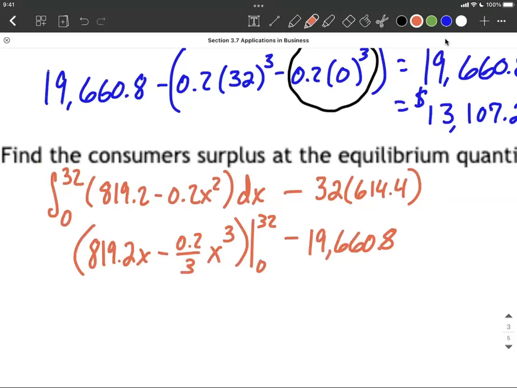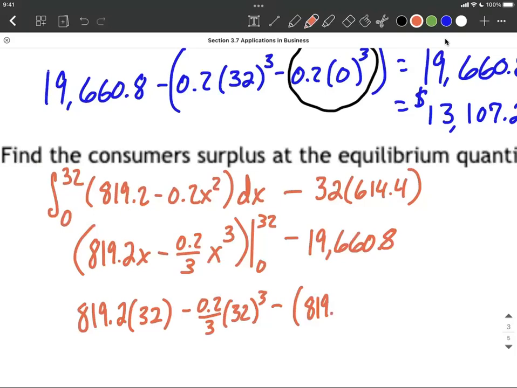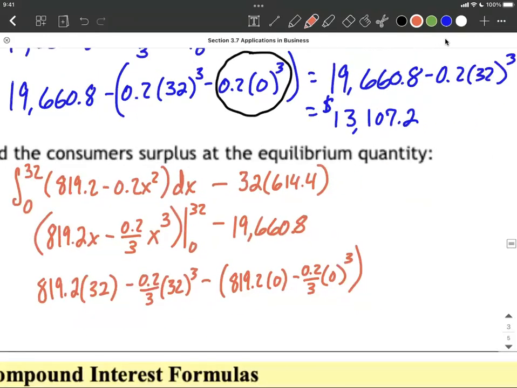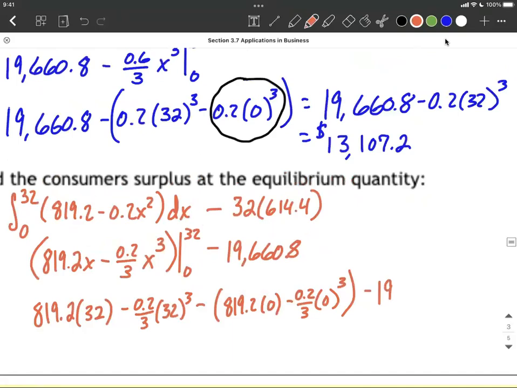From here, let's fill in the 32 and the 0 as our bounds of integration. So 819.2, we'll fill in the 32, minus 0.2 divided by 3, we're going to fill in the 32 and cube it, minus our lower bound, 819.2, fill in the 0, minus 0.2 divided by 3, 0, and cube it, minus 19,660.8.